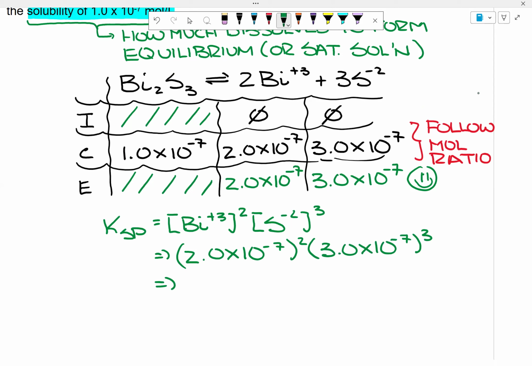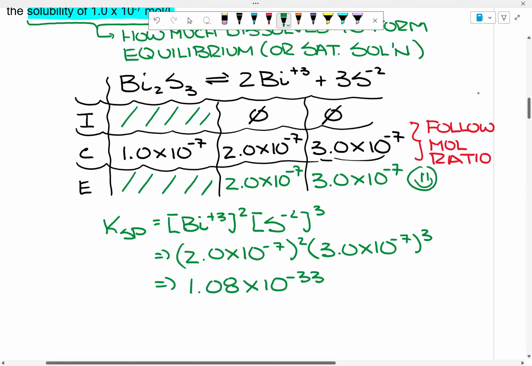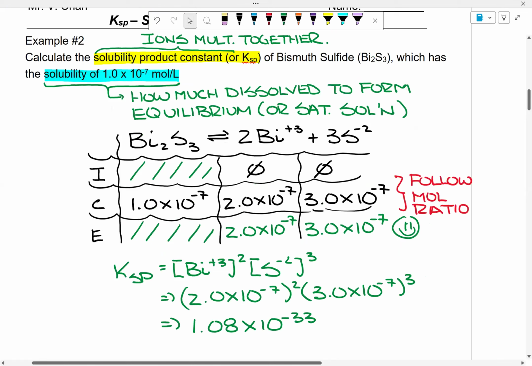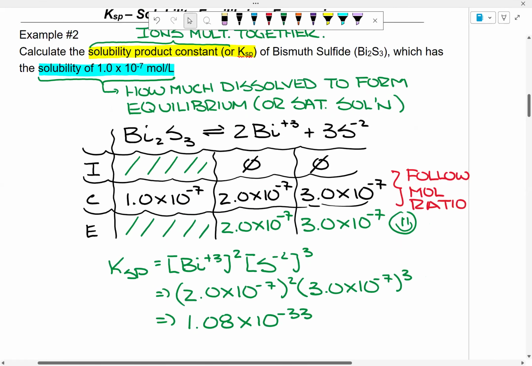I get basically 1.08 times 10 to negative 33. Okay, that's basically it in terms of setting up the ice table and then doing your calculations.